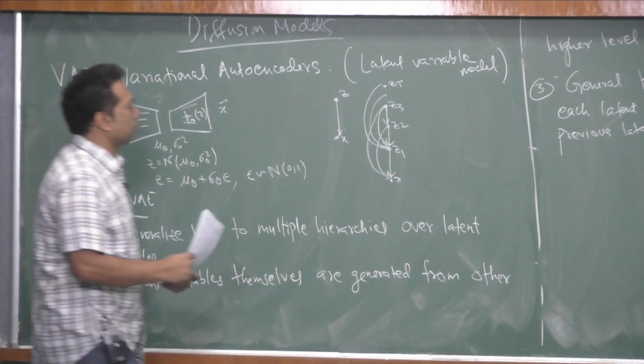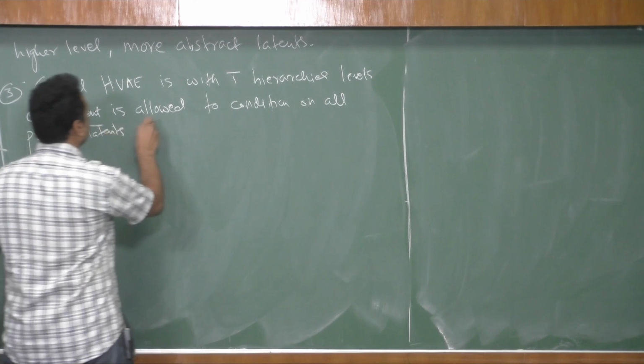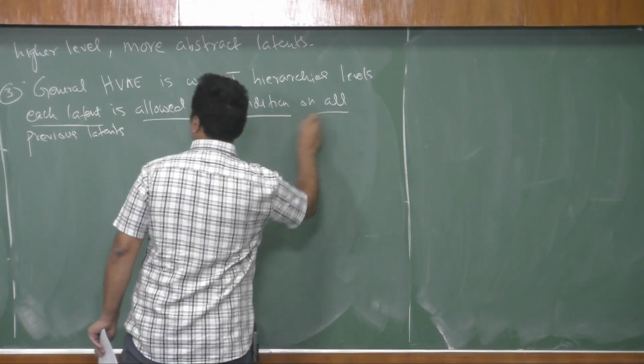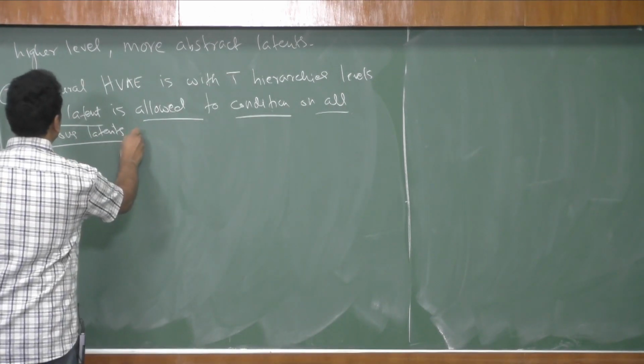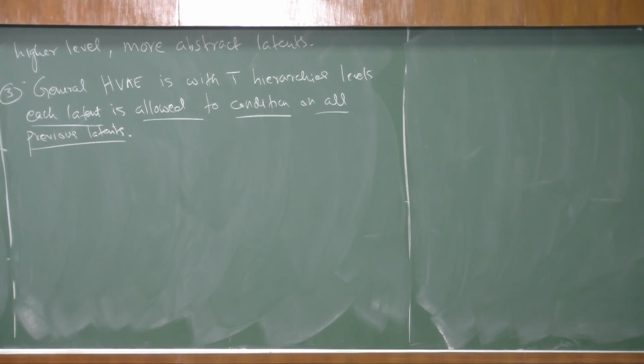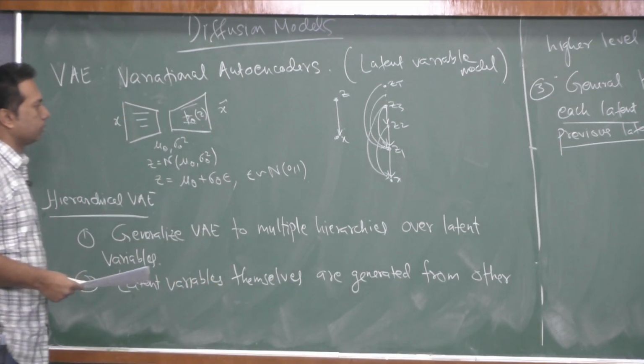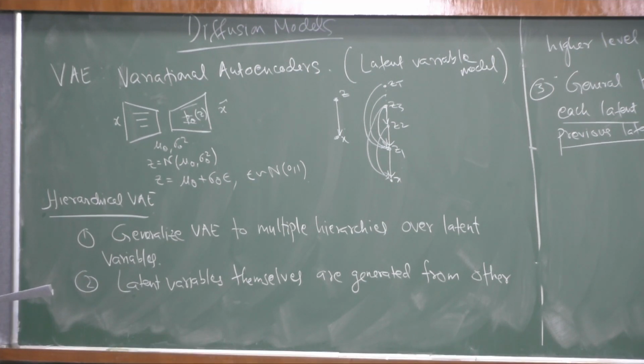So that's where we are saying each latent is allowed to condition on all previous latents. Okay, so this is a pretty tough requirement you can think of, right? Because when we were developing models on this, you will have many conditionals to handle.